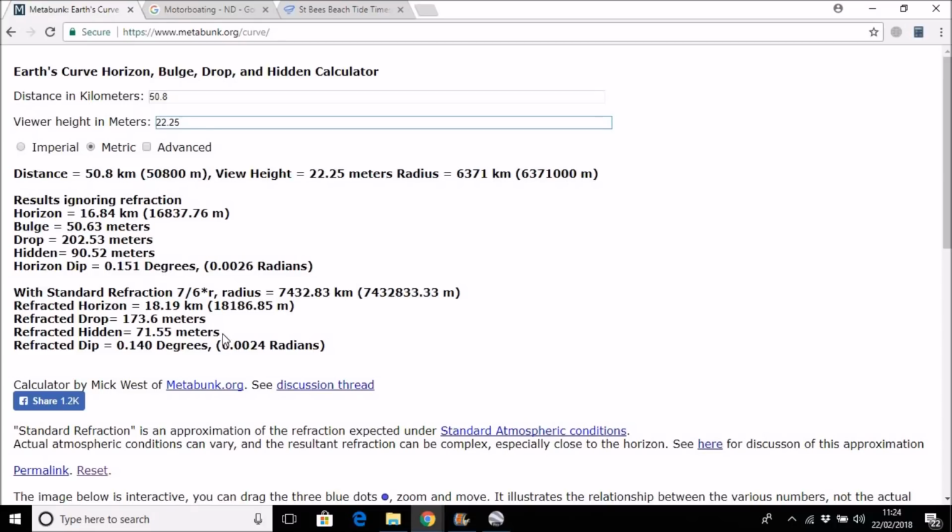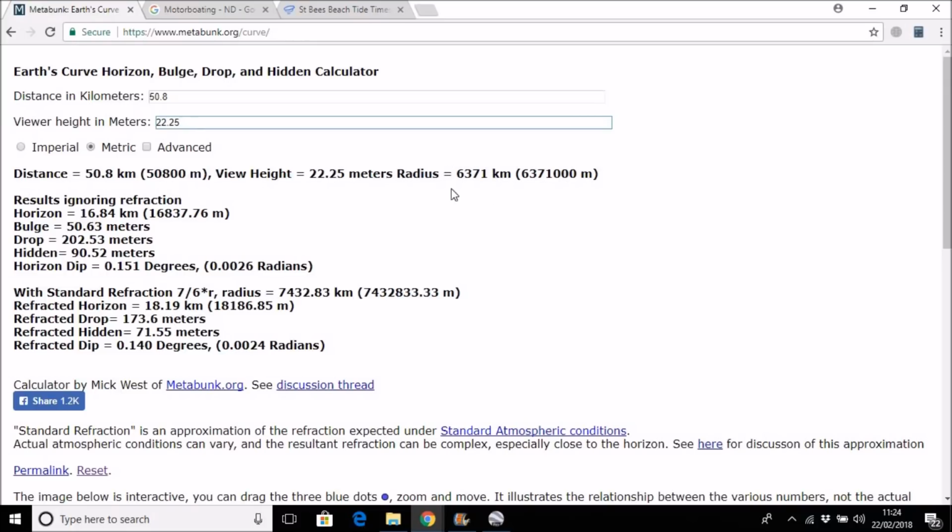Under high tide conditions, it would take exceptional refraction for the lighthouse to be visible, and under normal low tide conditions with increased refraction but not crazily exceptional, you'd also expect the lighthouse to be seen.